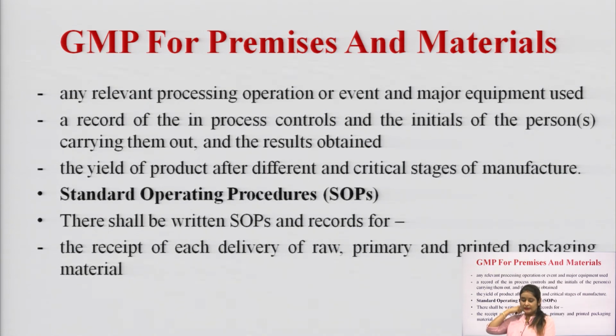The next is our standard operating procedure, that is SOPs. These all are requirements which are also part of quality assurance. There shall be written SOPs and records for the receipt of each delivery of raw, primary and printed packaging materials.